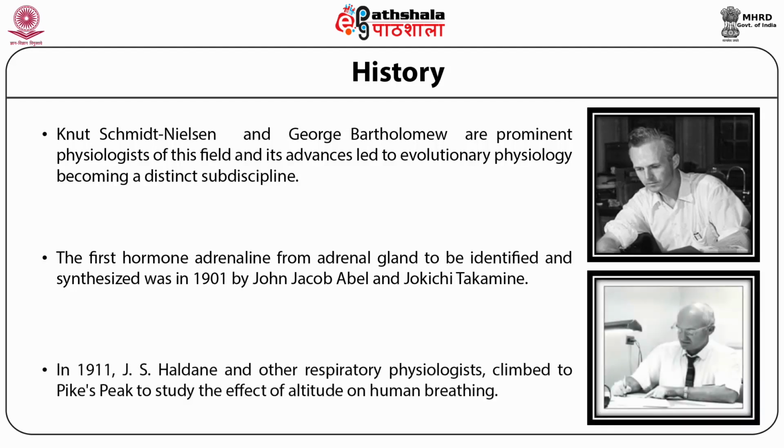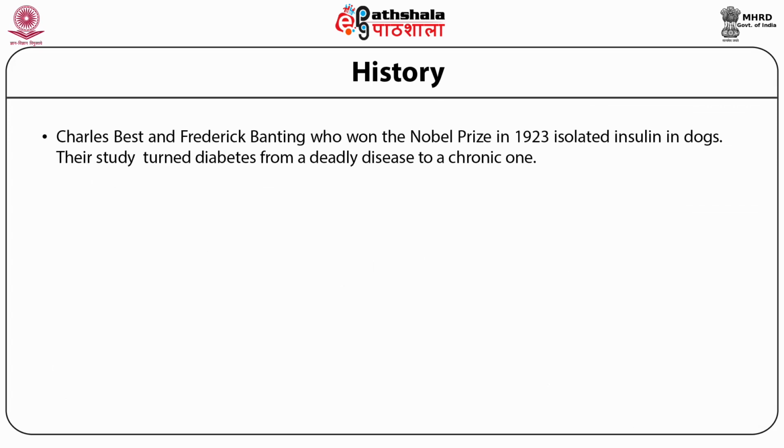In 1911, J.S. Haldane and other respiratory physiologists climbed Pikes Peak to study the effect of altitude on the human breathing mechanism. Charles Best and Frederick Banting, who won the Nobel Prize in 1923, isolated the hormone insulin in dogs.